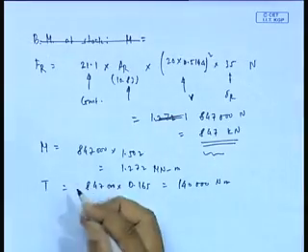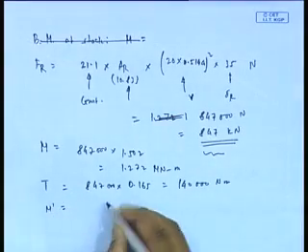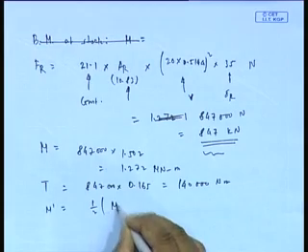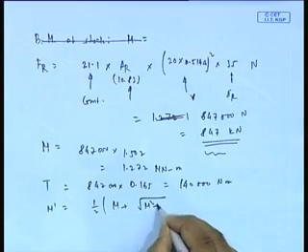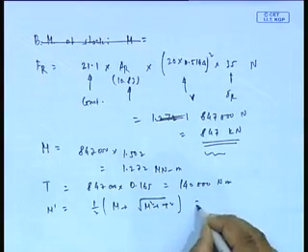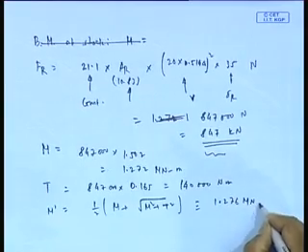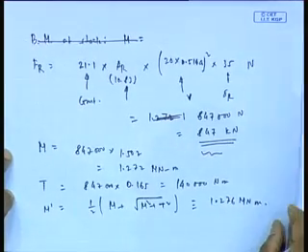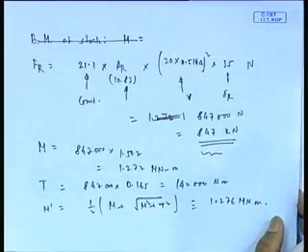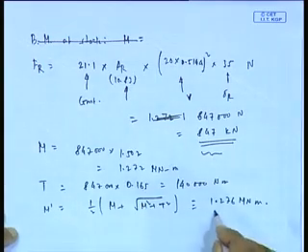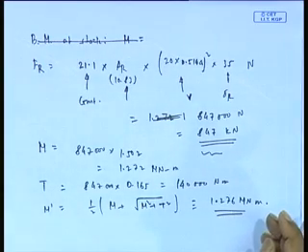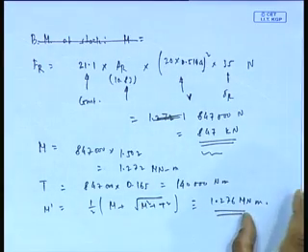So you end up getting the equivalent bending moment, half of M plus square root of M square plus T square, equal to 1.276 mega Newton meter. So the stress, now in this problem the stock section modulus Z is also given, I believe.